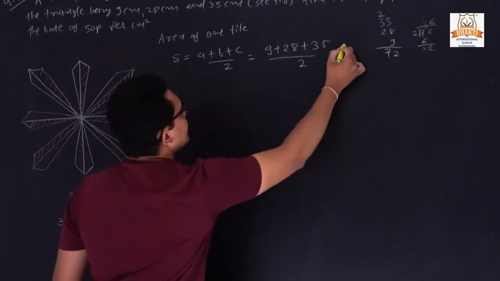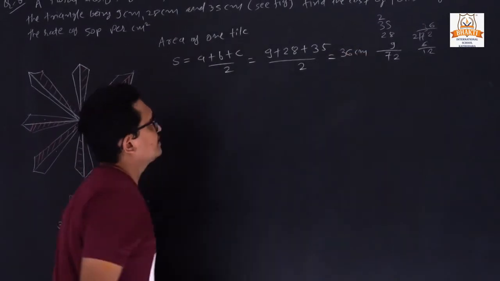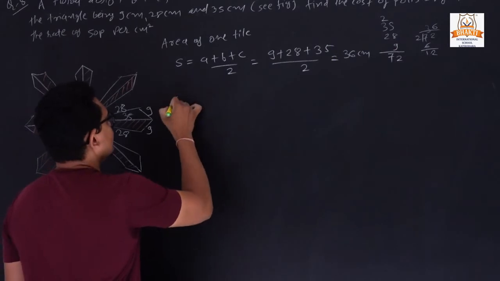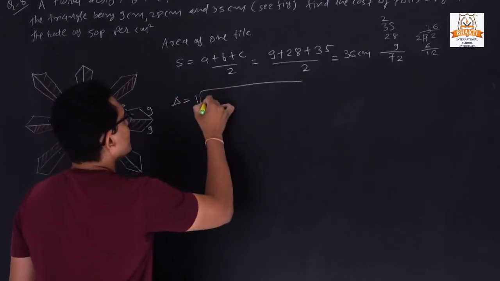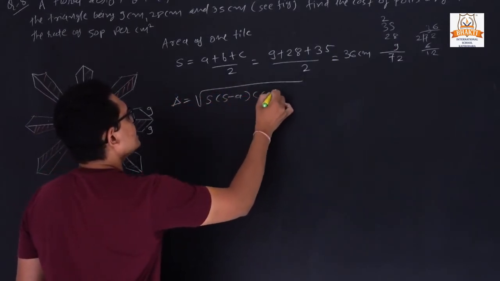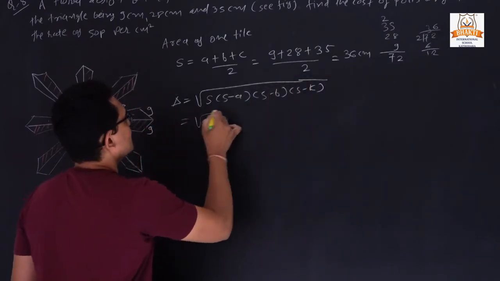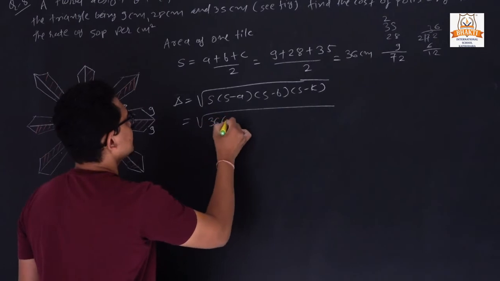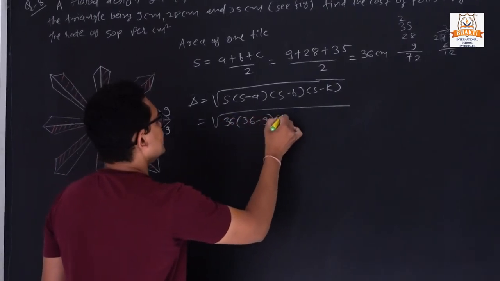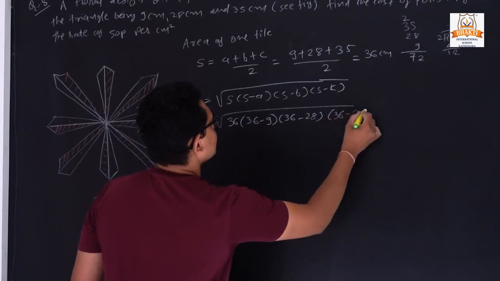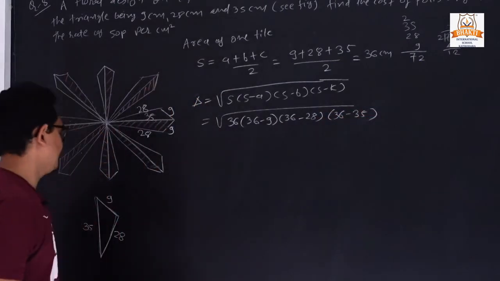It is 36 centimeter. Now next, area is equal to, what is Heron's formula? Square root of S into (S minus a), (S minus b) and (S minus c). So what is S? 36. 36 minus 9, 36 minus 28 and 36 minus 35.